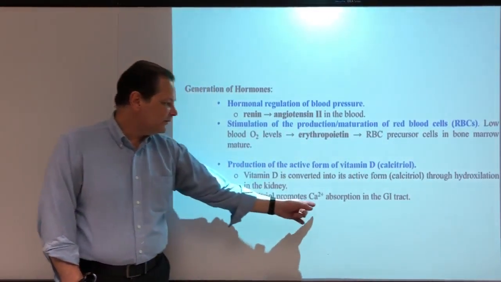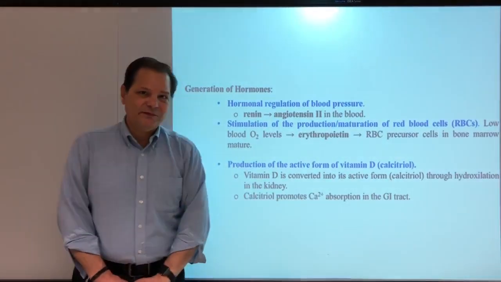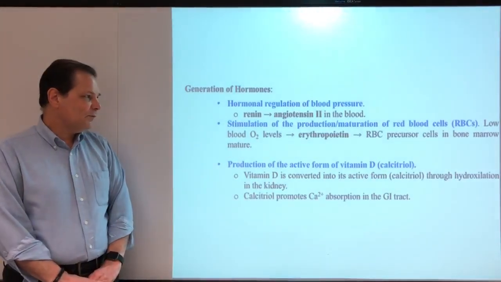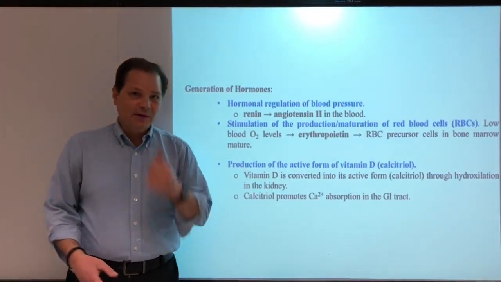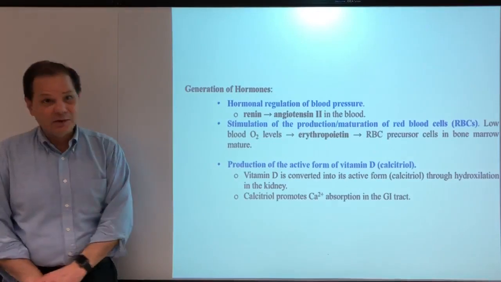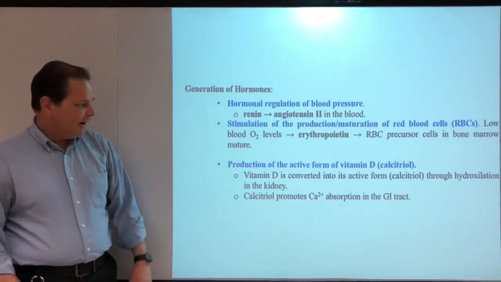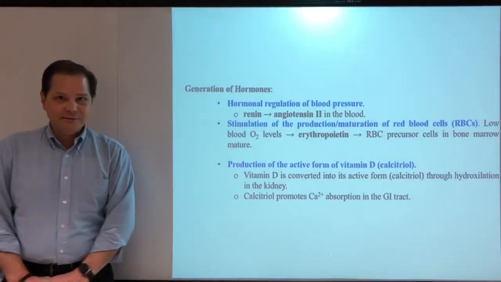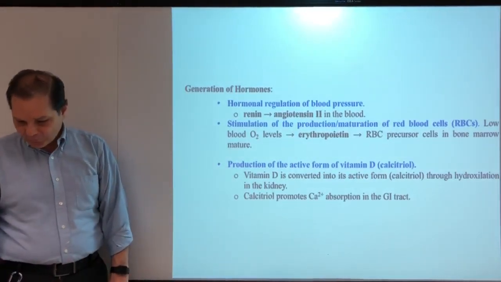And this promotes calcium absorption and phosphate absorption in the GI tract. So it's very, very important for calcium homeostasis and in terms of maintaining calcium concentration in the blood. That will be talked about in enormous detail at a later date in the curriculum as well.